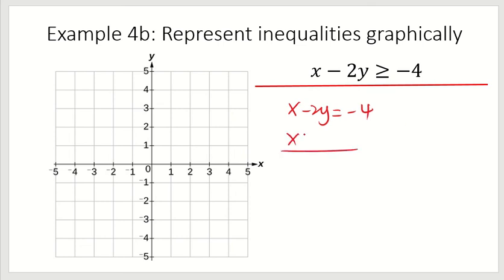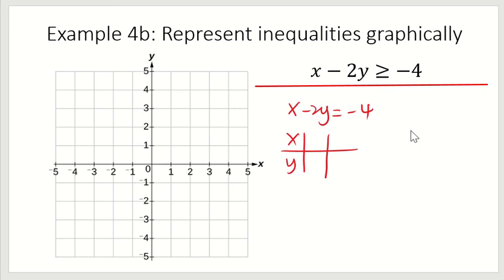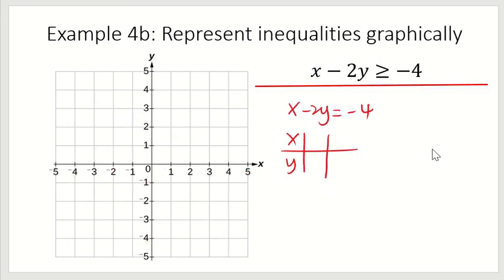Then the second step, x, y. So now for the first one, I want to find x equal to 0, y equal to what? And another one, y equal to 0, x equal to what?